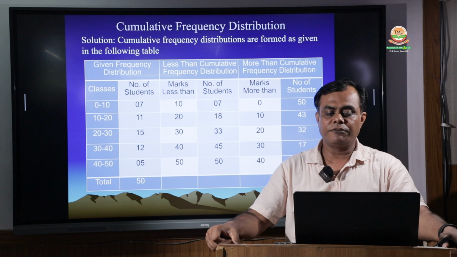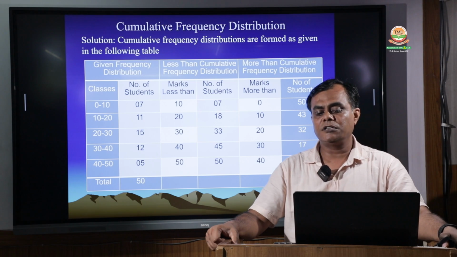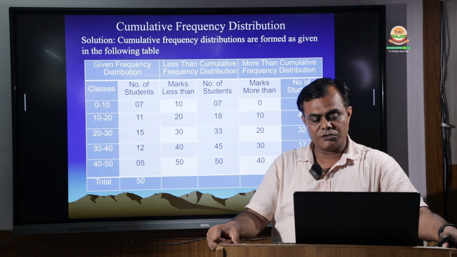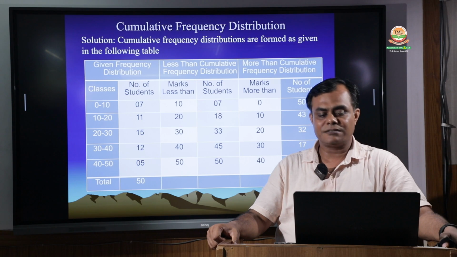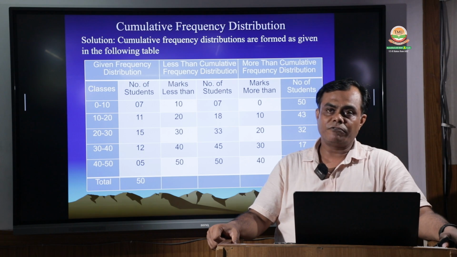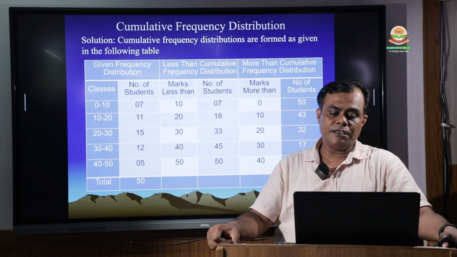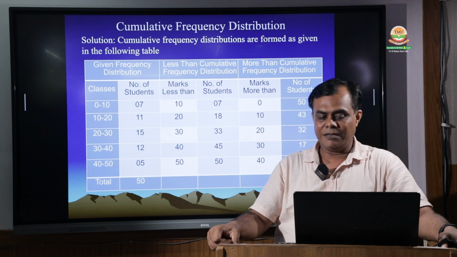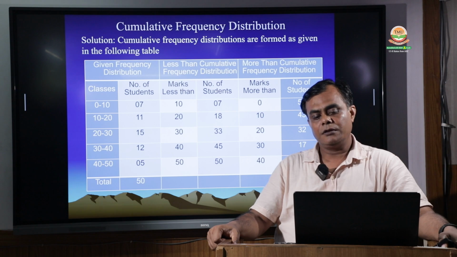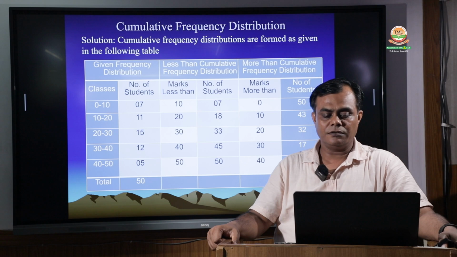So, less than cumulative frequency distribution and more than cumulative frequency distribution. Marks less than 10, the frequency is 7. Marks less than 20, the frequency is 8, so 7 plus 11, the cumulative frequency is 18.